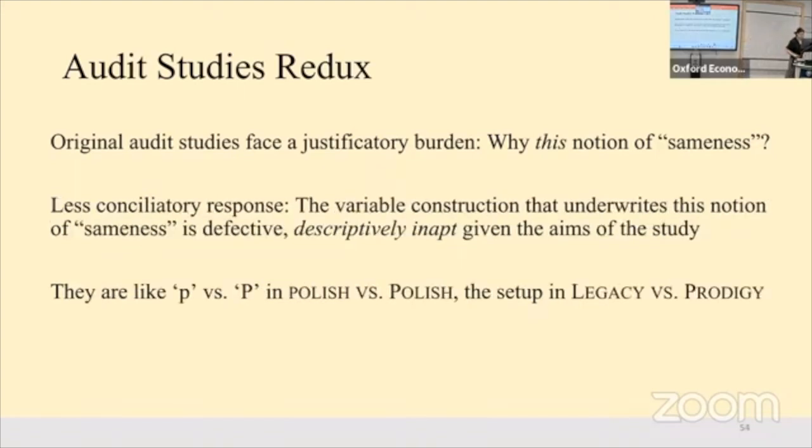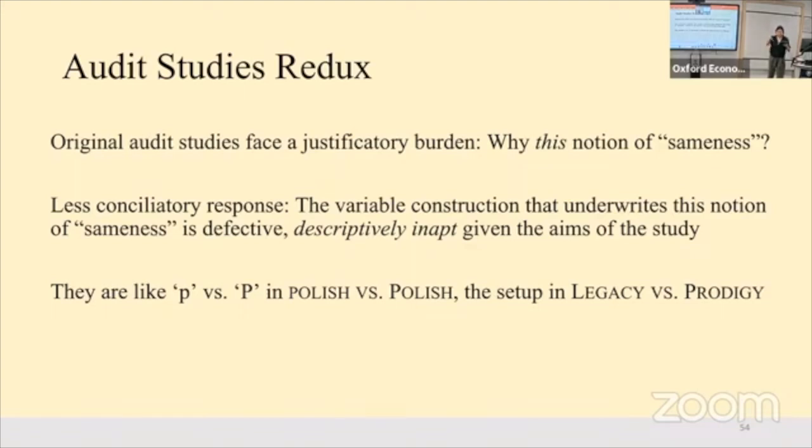There's a less conciliatory response, which is that the variable construction that underwrites your notion of sameness is actually defective. It's descriptively inapt given the aims of your study. It's like the P versus the P in the Polish versus polish example. It's like the setup in legacy versus prodigy. You've made a poor choice of variable construction that has hidden essential features of difference, and that is somehow wrong by your own lights of what your study is trying to do.